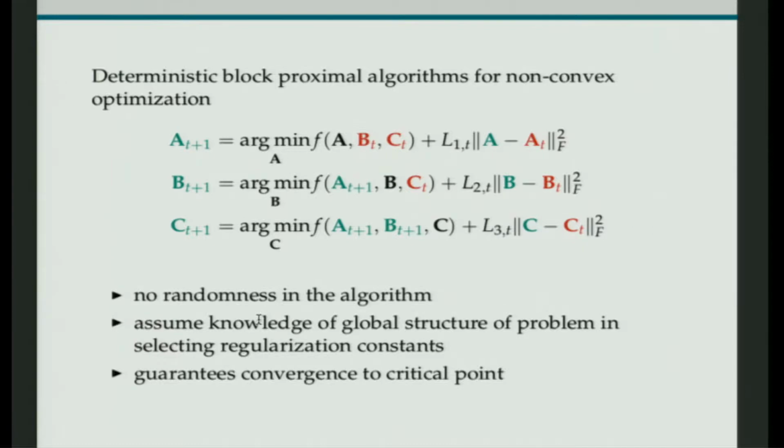Okay? And then the deterministic block proximal algorithms, they don't have randomness in the algorithm, and they assume some knowledge of the global structure of the problem in selecting these regularization constants here. And they guarantee convergence to critical points. So you can get a rate of convergence using the KL inequality, but then you don't really know what it is.